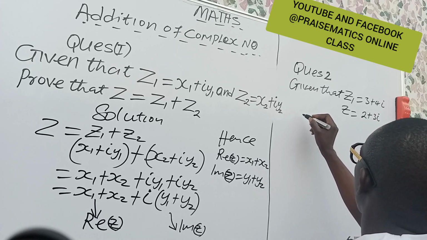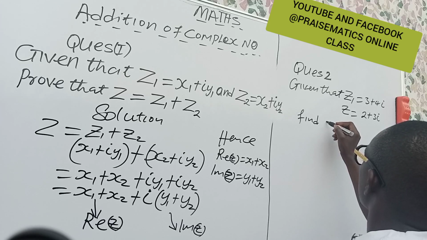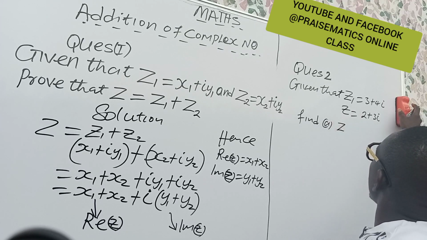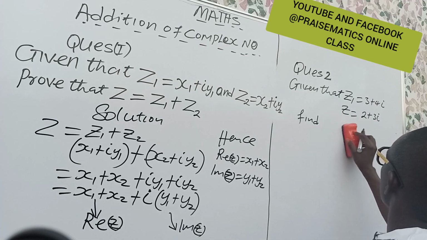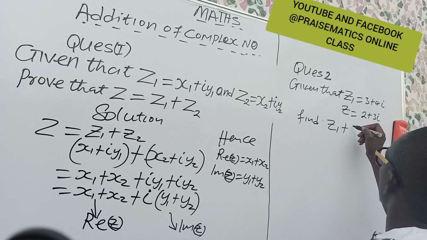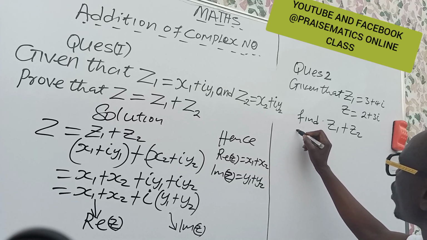The question says, find z1 plus z2. How do we do that? Solution, we need to solve.